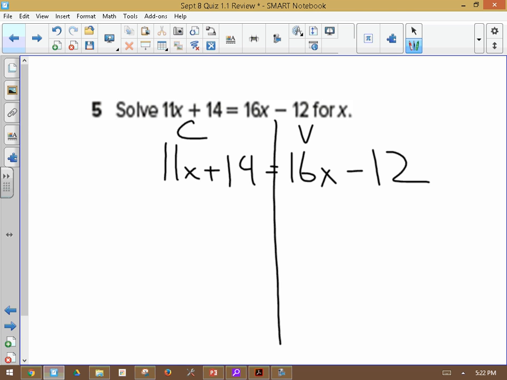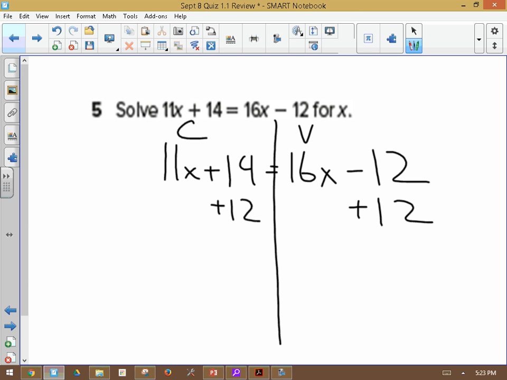If we look at our variable side, we see that the minus 12 does not belong there. So we're going to use the additive inverse, plus 12, to get rid of it. And what we do on one side, we must do on the other. If you look at the constant side, we have an 11x.